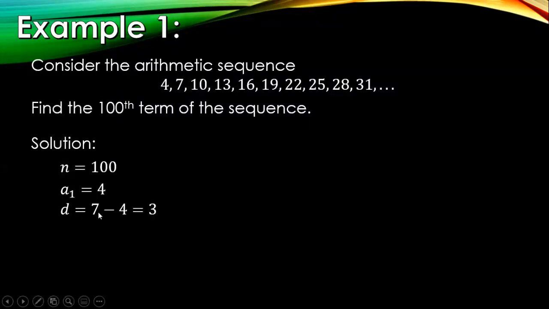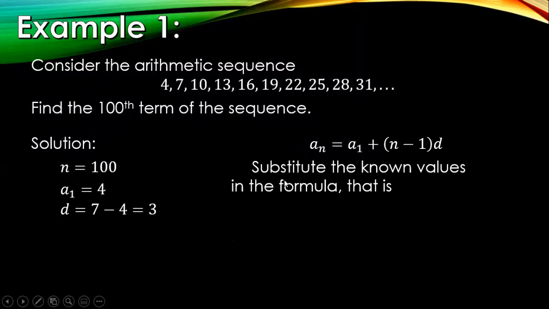For this example, we have 7 minus 4, which is equal to 3. Now let us use the formula for the nth term of our sequence, then substitute the known values in the formula. Our n is 100, a sub 1 is 4, and d is 3.